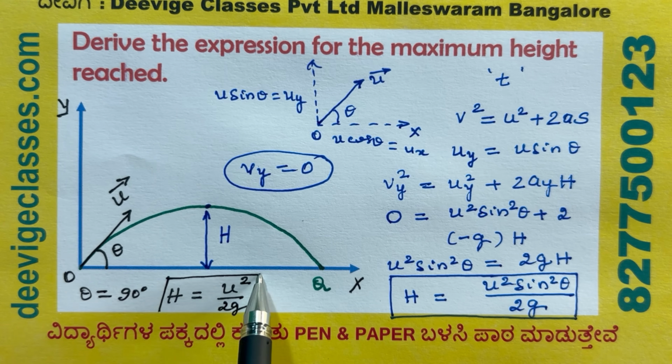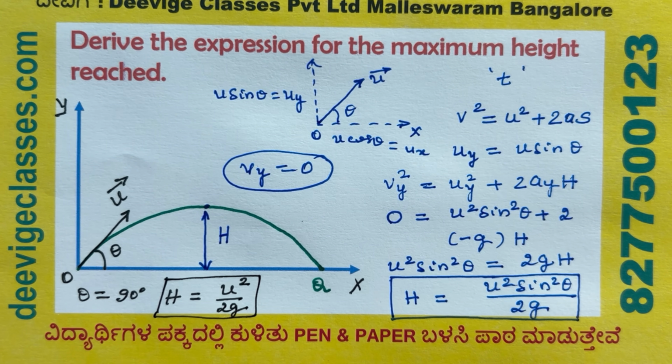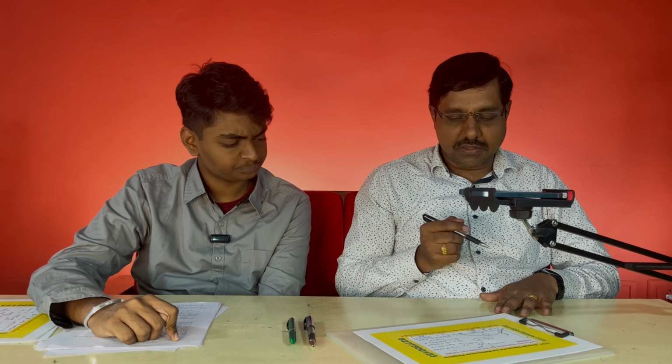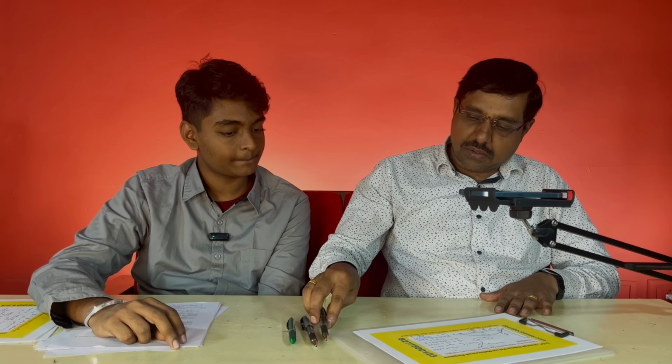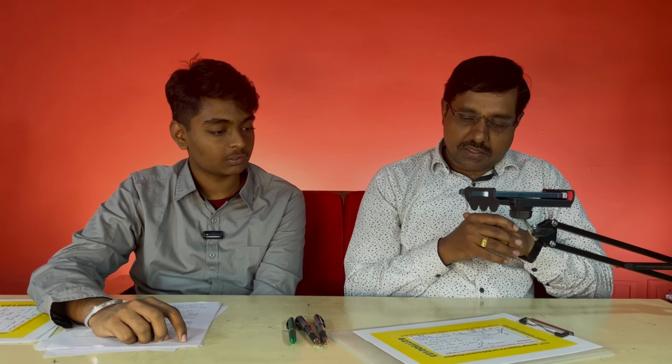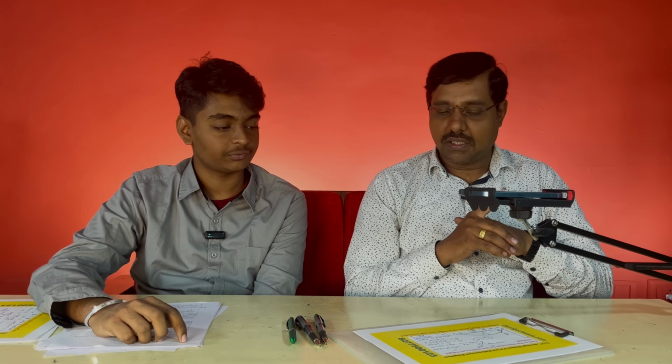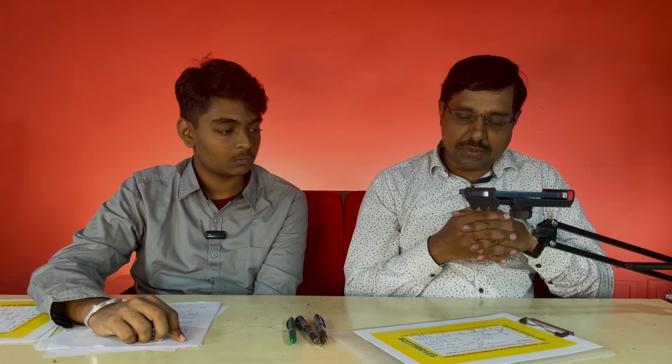Where did you learn this equation before? In the chapter Motion in a Straight Line, you learned that small h is equal to u square divided by 2g. If you take only the vertical component of the projectile, it exhibits one-dimensional motion. So there we studied that h is equal to u square by 2g, and here the maximum height attained by the projectile is u square divided by 2g.